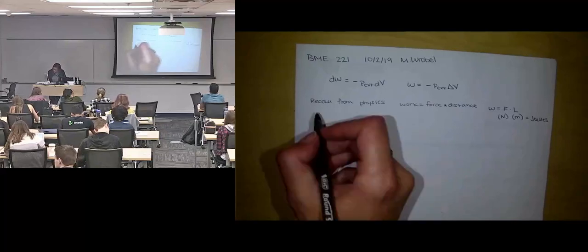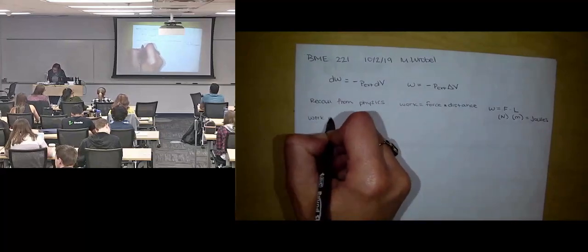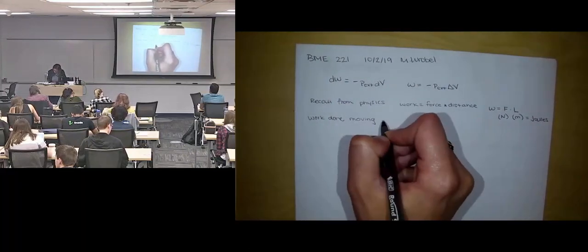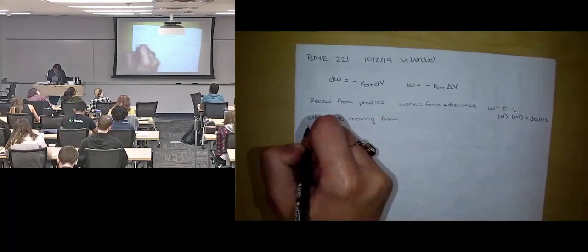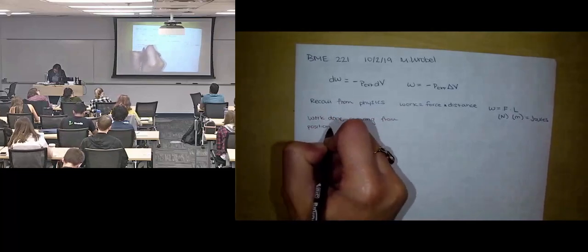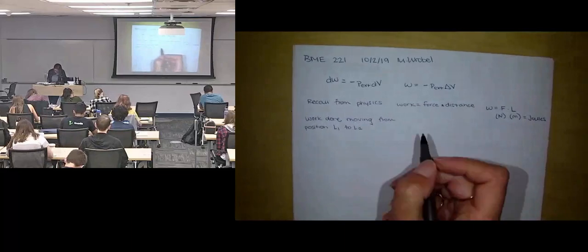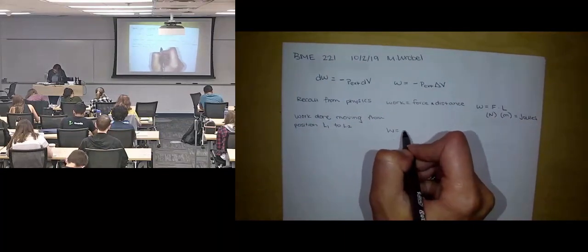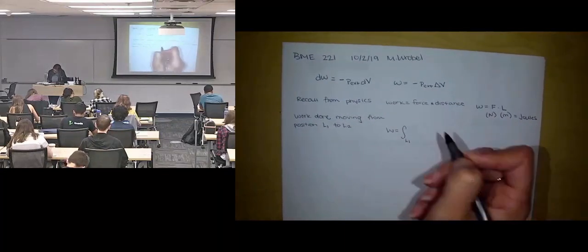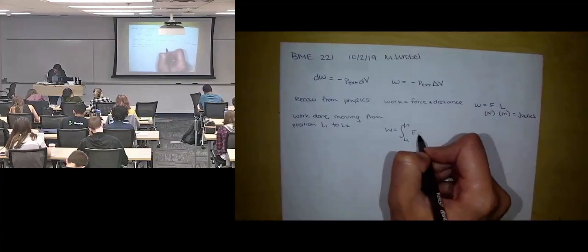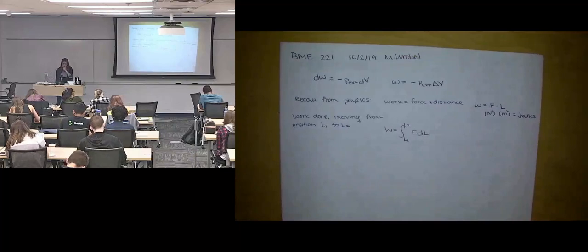So if we want to look at the work done moving between two positions, from position L1 to L2, we can integrate from position 1 to position 2, force times our infinitesimal change in length.